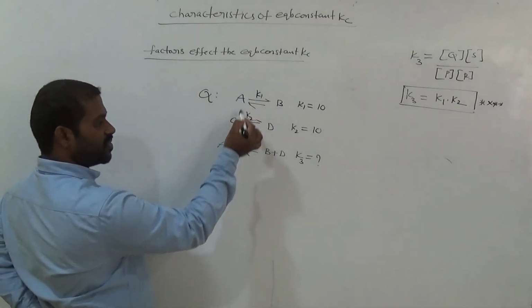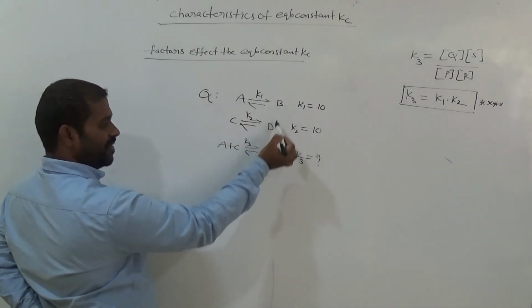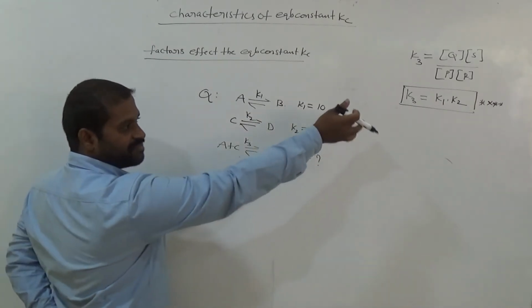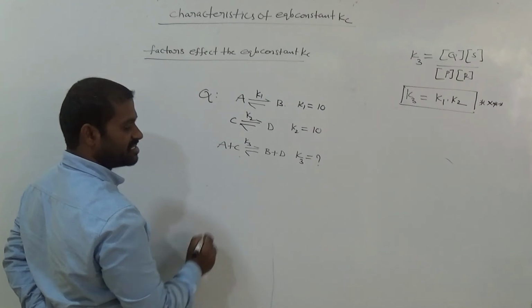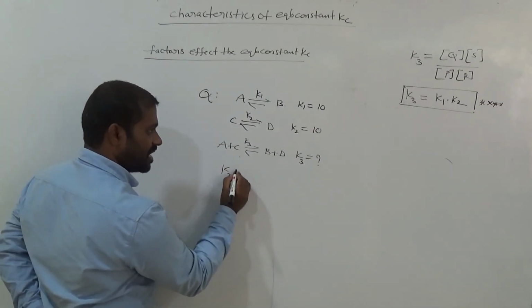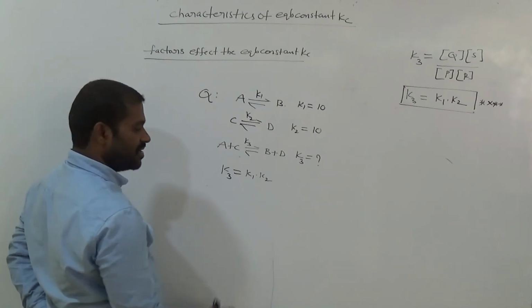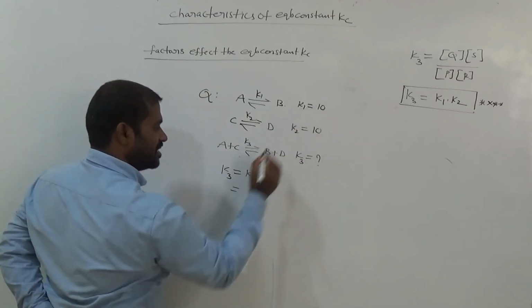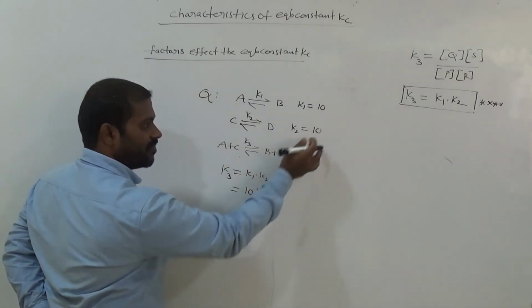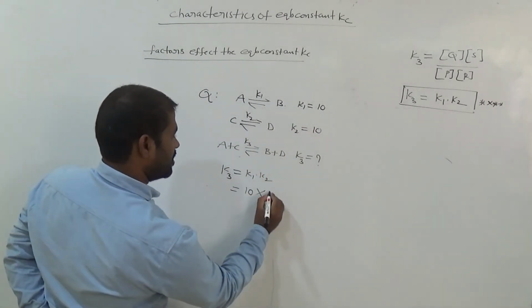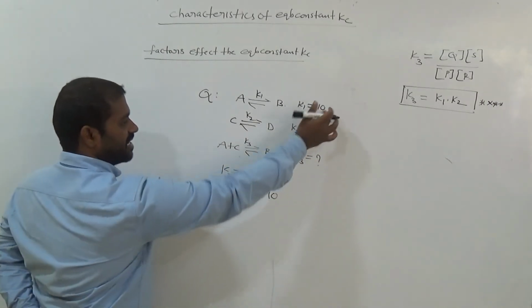So now these two are added, A plus C, B plus D at the same side. Therefore K3 is equal to K1 into K2. What is the value of K1? 10. What is the value of K2? It is also 10.